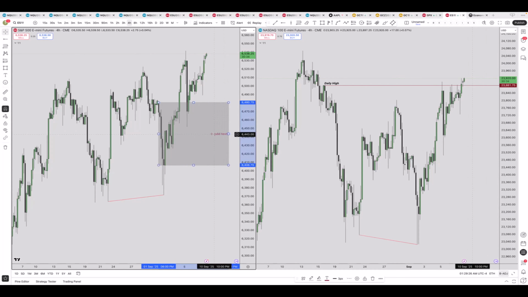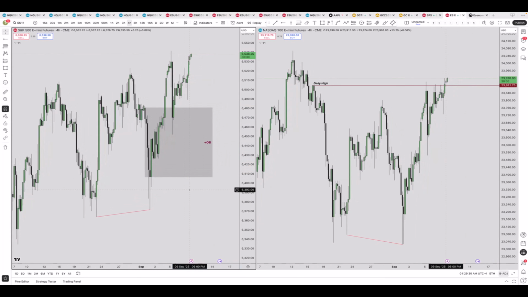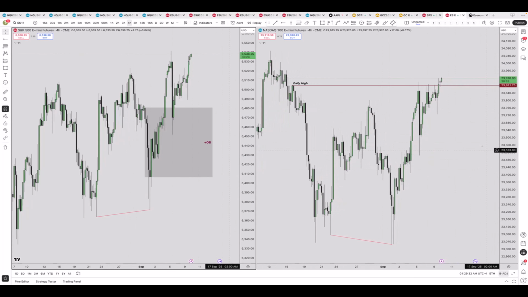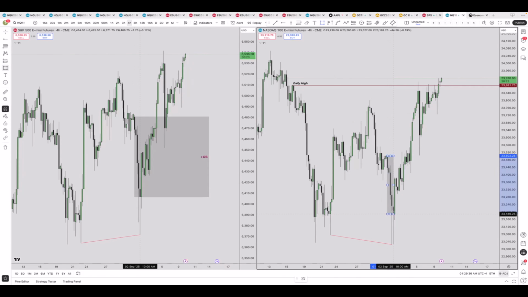I'm going to denote it with plus OB, which is a bullish order block. And similarly, if I look at ES, right from here to here an order block got formed, with this candle closing above it.